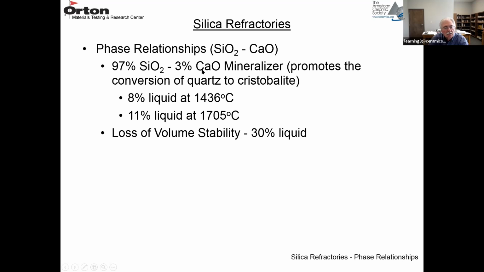So 3% lime addition to silica at this temperature, 1436 degrees C, you now have 8% liquid phase in the refractory. If you increase the temperature to 1705 degrees C, the liquid phase goes up to 11%. So the rule here is that when your refractory contains 30% liquid phase, it's no longer volume stable, and it will go through a deformation or creep very rapidly.